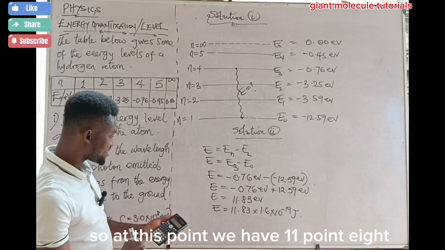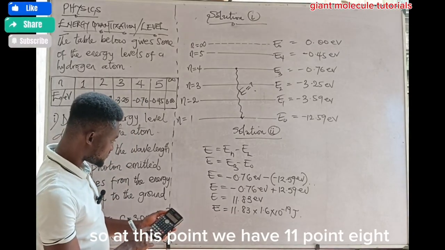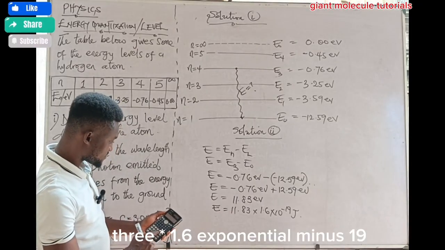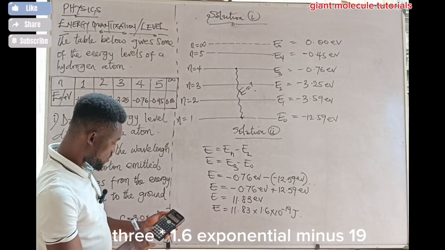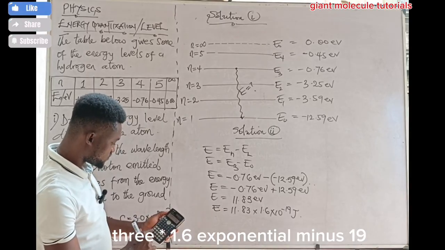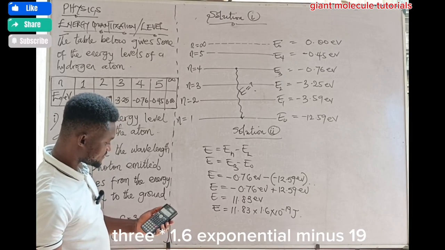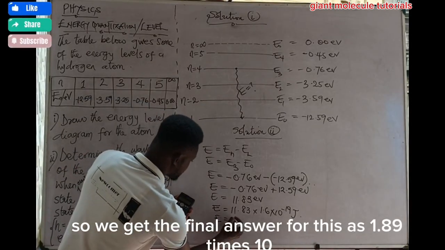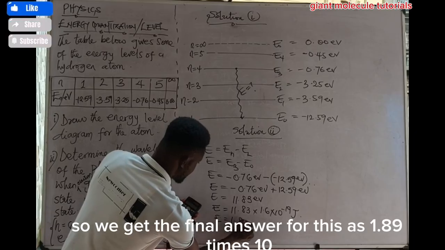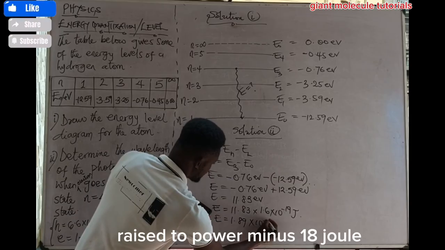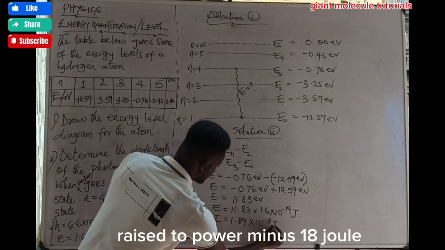You see, energy can be measured in joule or electron volt for electrons. So at this point, we have 11.83 times 1.6 exponential minus 19. So we get the final answer for this as 1.89 times 10 raised to the power minus 18 joule.